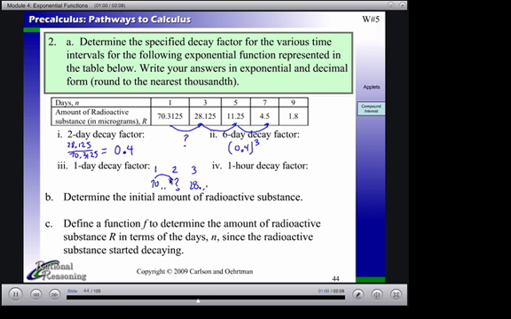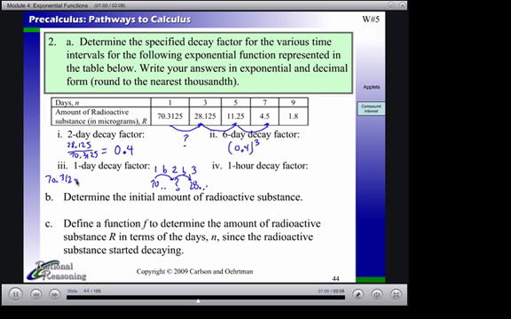What times 70 would give us something unknown, and then times again to give us 28. So how can we relate that to 0.4? 70 times B.